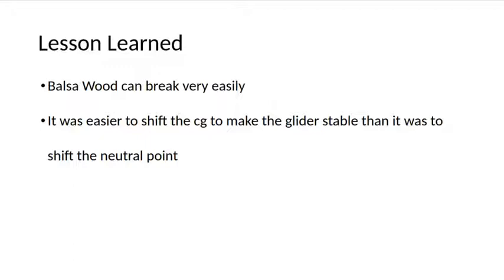But since we don't really have the skills or the expertise to build very fancy airfoil shapes, we instead just used a flat plate as our tail. And that did shift the neutral point back a little bit, but it was easier to compensate for this by shifting the center of gravity forward, because it was just much easier to attach a point load at the nose in order to stabilize this aircraft.